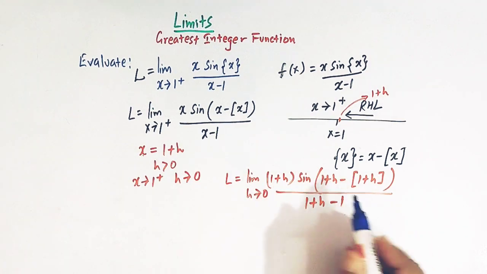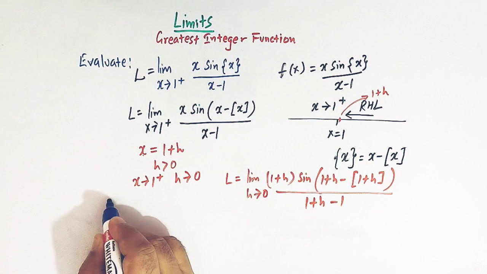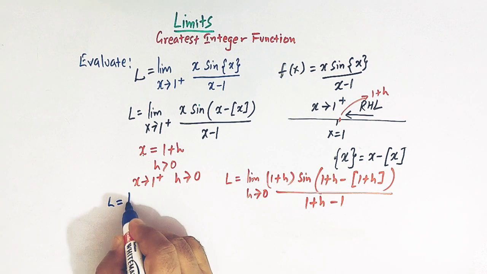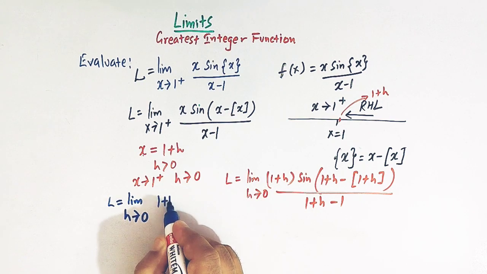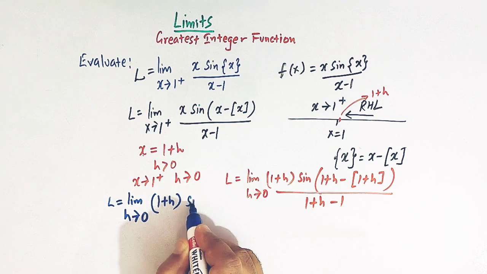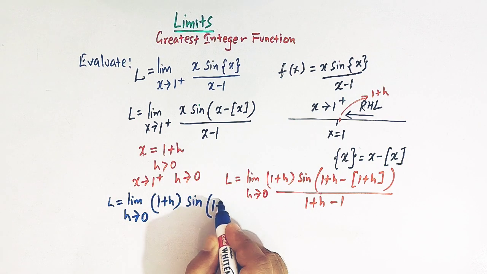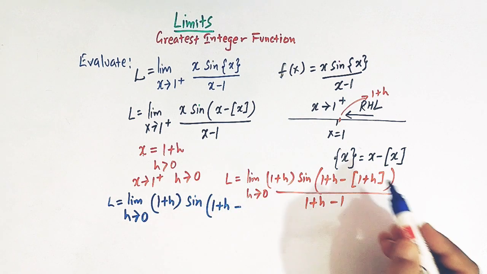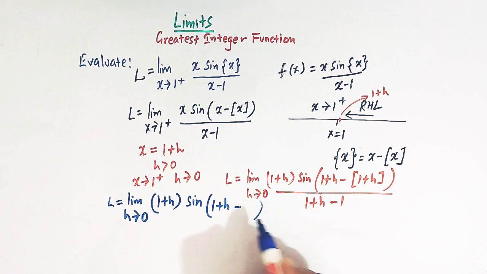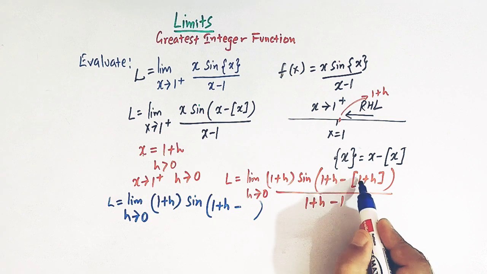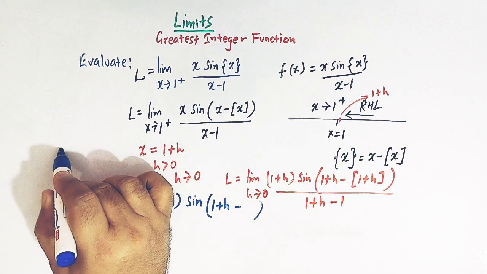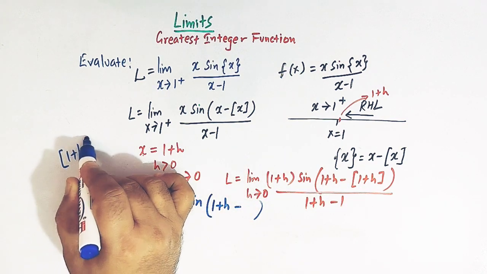Now let us simplify this expression. We can write L is equal to limit h tends to 0 of 1 plus h times sine of 1 plus h minus greatest integer of 1 plus h. Let us first find the value of the greatest integer of 1 plus h.